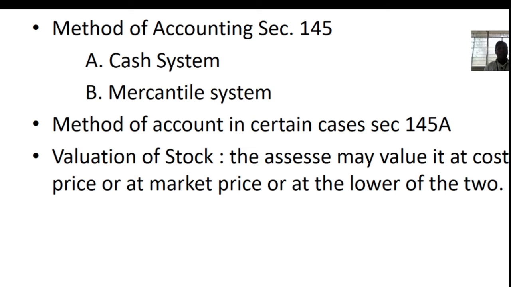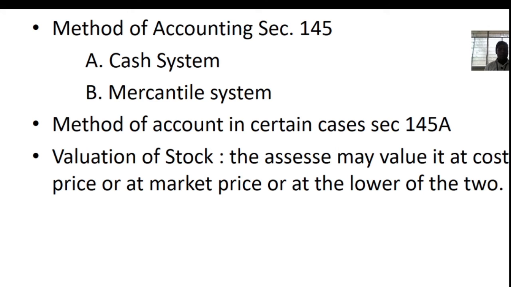Methods of accounting as per section 145: either the cash system or the mercantile system. In the cash system, actual cash received and paid are recorded, whether related to last year, current year or next year, but credit transactions and outstanding items are not taken into account. Such a system is generally adopted by professional persons.